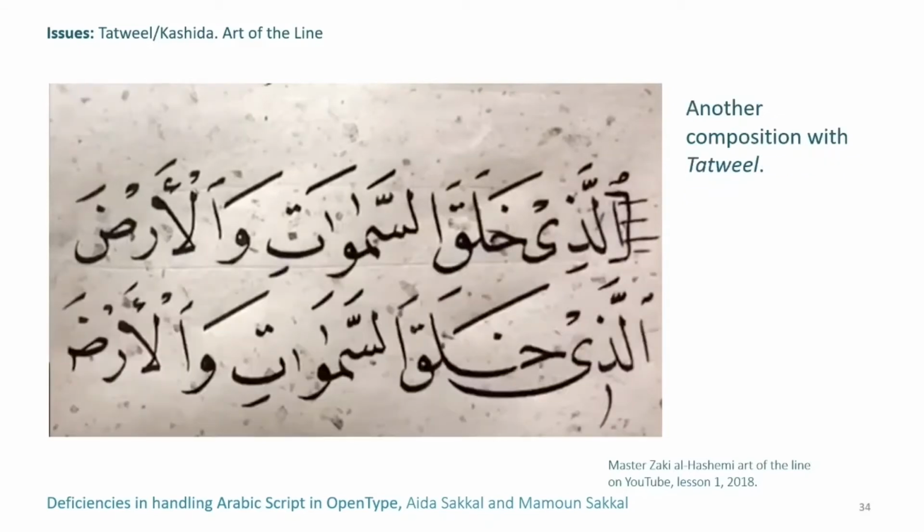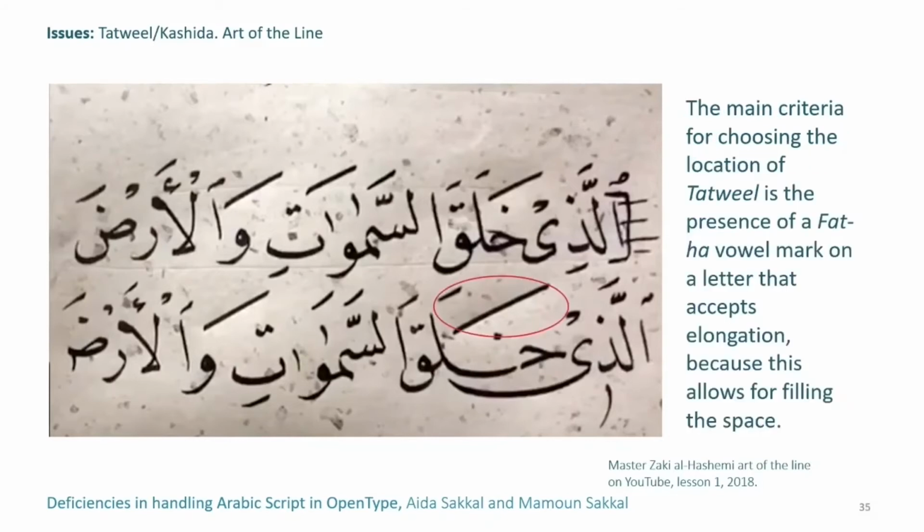Another composition here incorporates swash and tatweel, and for this master calligrapher, an important criteria for where to add tatweel in the text is to look for whether a vowel mark fatha can be written on top, because that will allow the calligrapher to fill in the space.